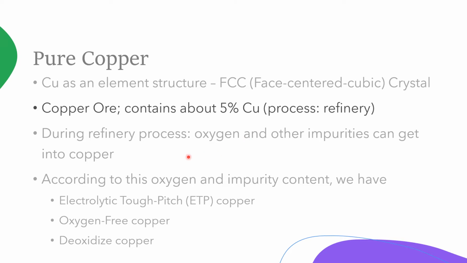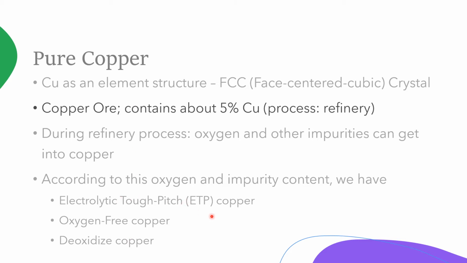Because of the oxygen and impurity content, we have different types of copper. You have your ore, you refine it, and in the process oxygen and impurities can get into the copper. So depending on the content of the oxygen and impurities, we're going to put it into three different types of copper.